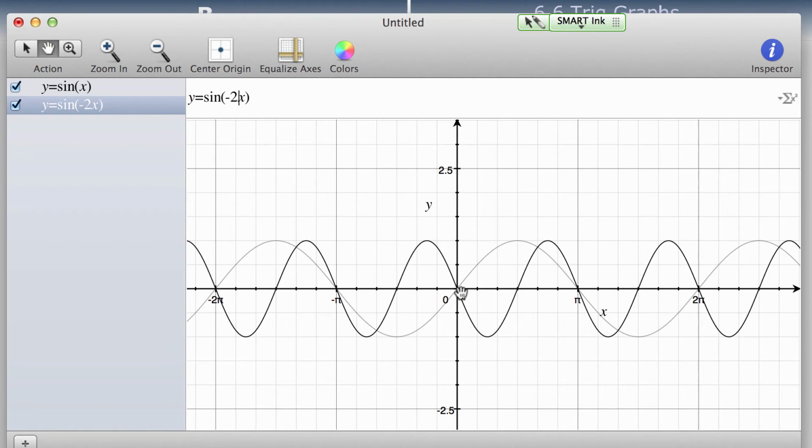Hopefully you're saying, well, it reflected it on the y-axis. So rather than starting and going this way, it's actually starting and going this way. So that negative in front of the b value reflects on the y-axis, and the 2, of course, makes it double, so there's 2 of them finished in a matter of 2 pi.